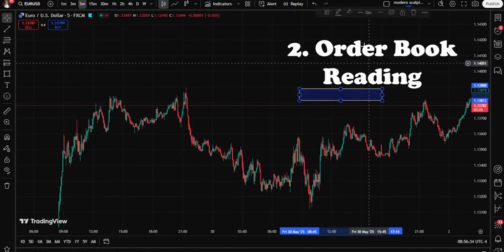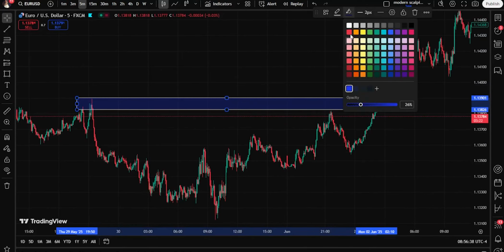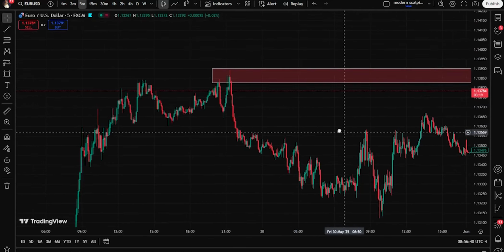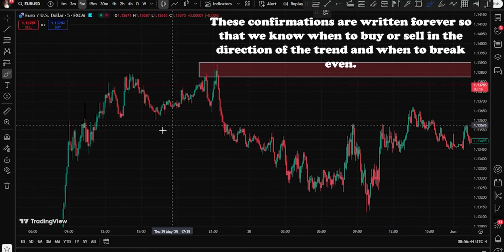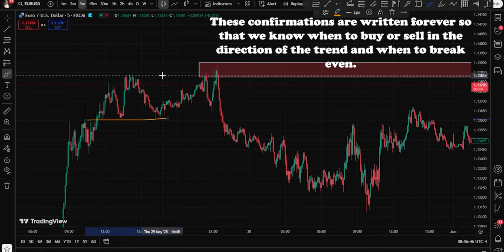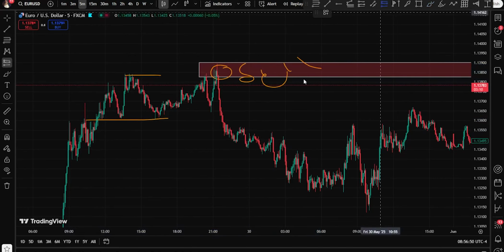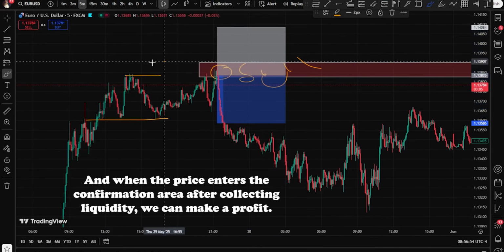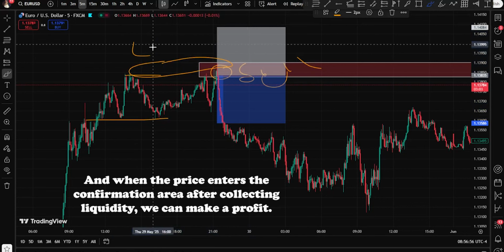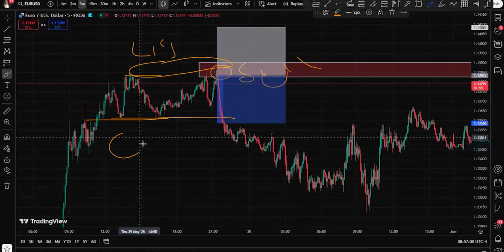Second, order book reading. The order book displays real-time pending buy and sell orders at different price levels. This is also known as level 2 data. Scalpers who learn how to read this data can gain a massive edge. You can spot large hidden orders, icebergs, spoofing, fake orders placed to mislead traders, or sudden liquidity shifts.